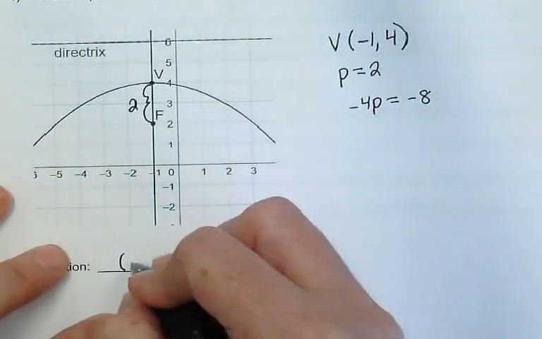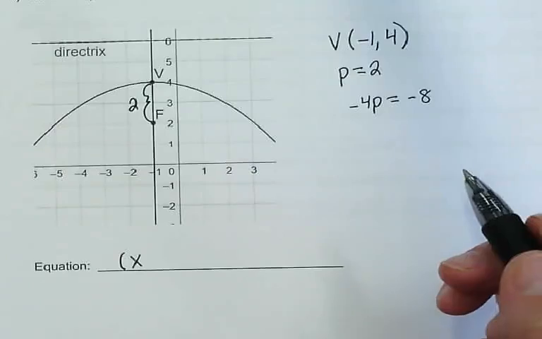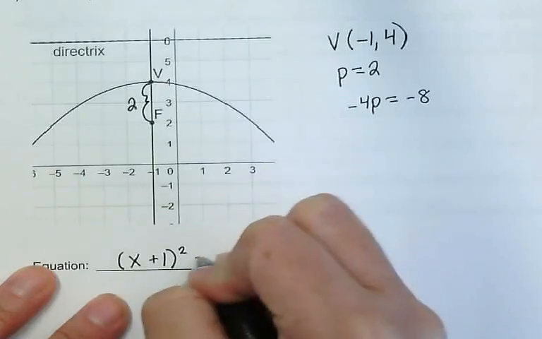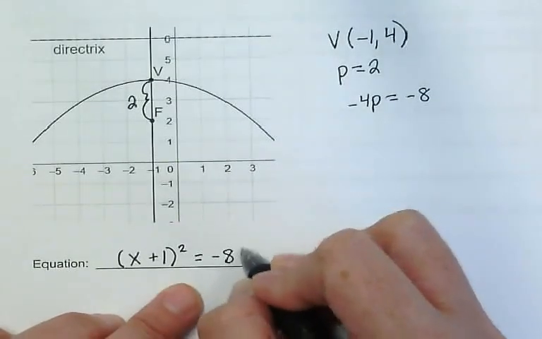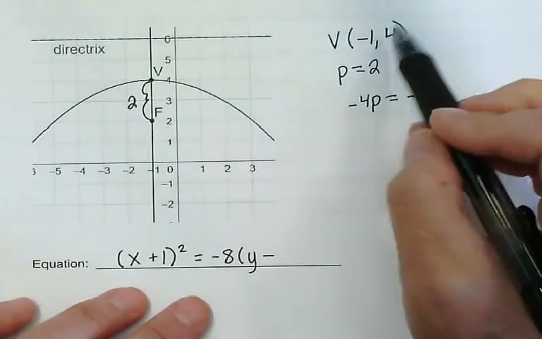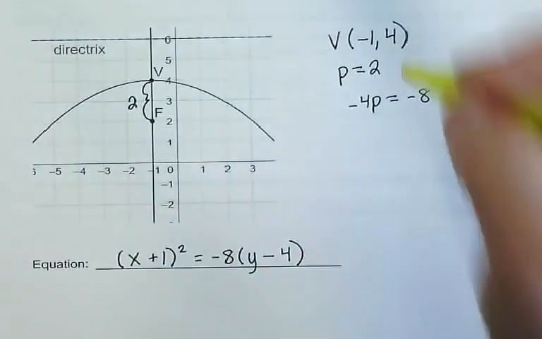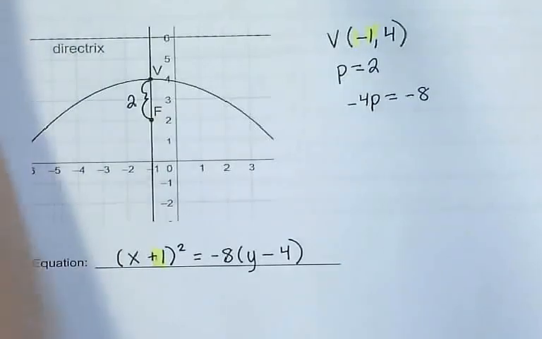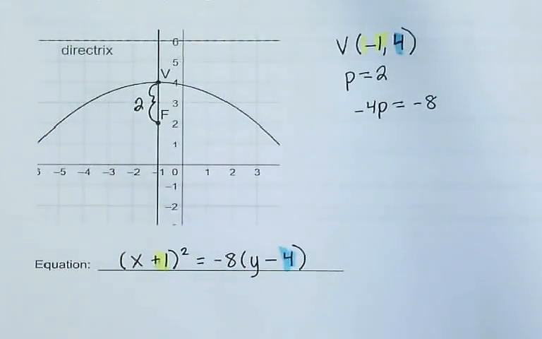X. So x, and then my vertex, x minus h, so minus a negative 1, which is plus 1 squared, is equal to the negative 4p, which we already calculated, negative 8 times y minus your k, which is 4. Once you got that, we can flip it.